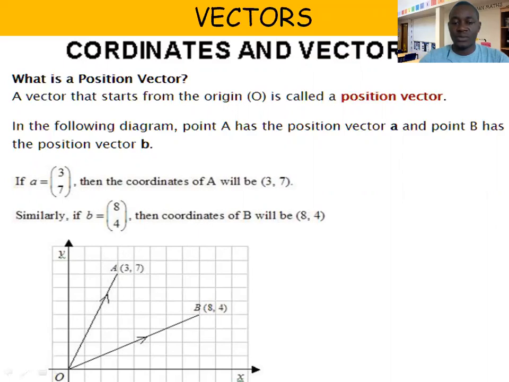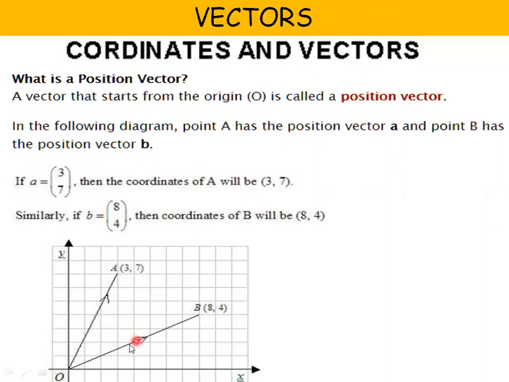A position vector starts at the origin, so we can refer to this vector here represented by this directed line segment as the vector OA. And we can also refer to this directed line segment here as the vector OB.